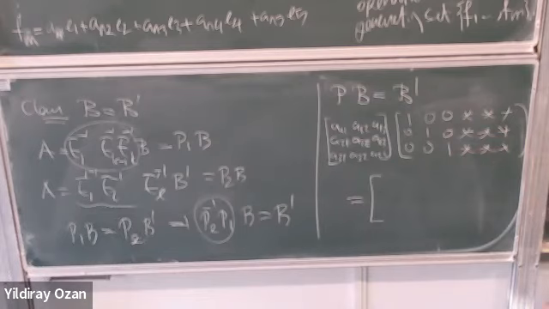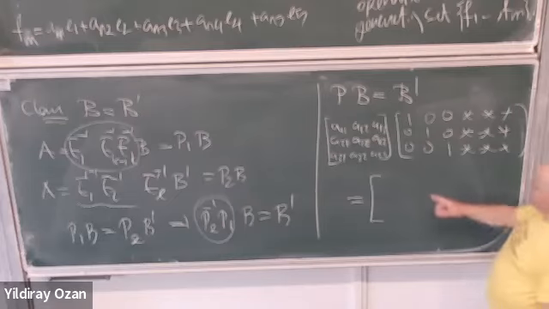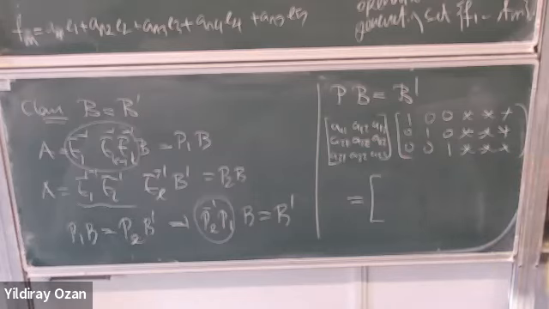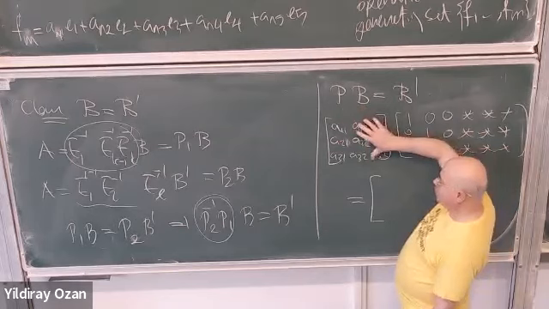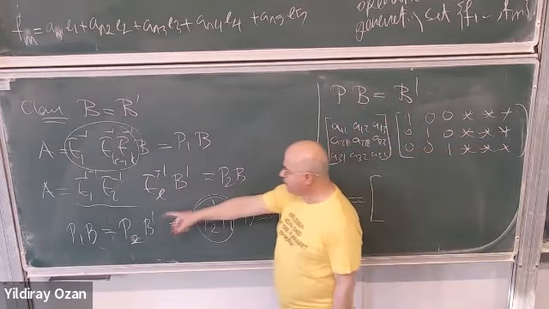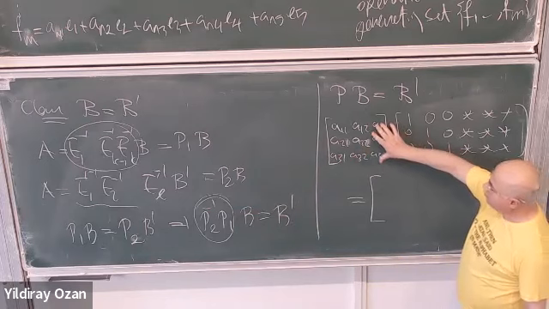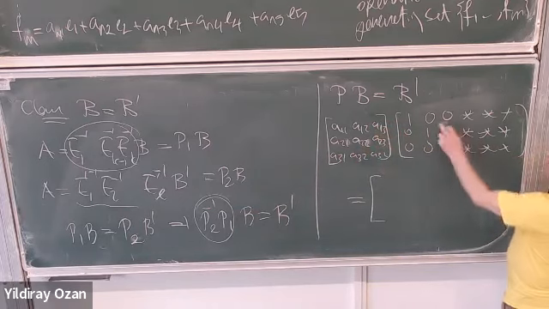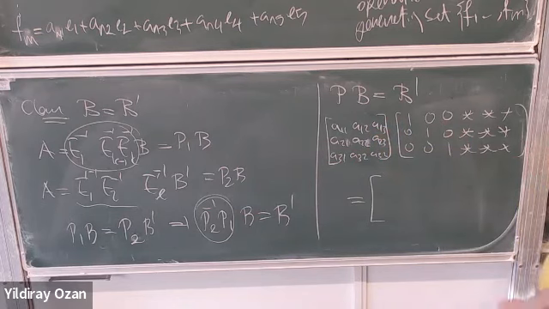Just a moment. Multiplying with this corresponds to multiplying with elementary matrices. So this is a product of elementary matrices. So you are applying row operations.